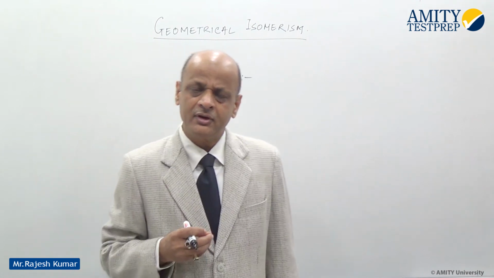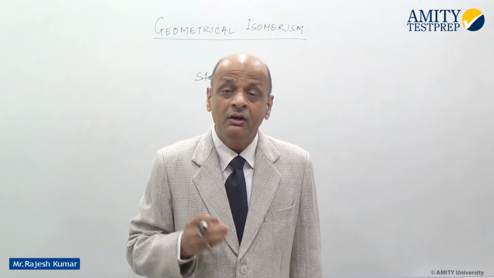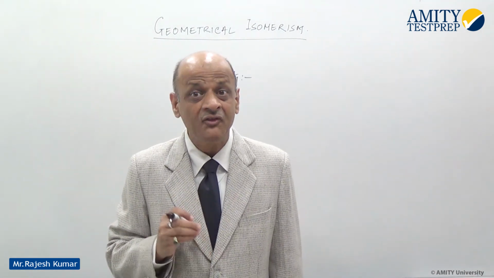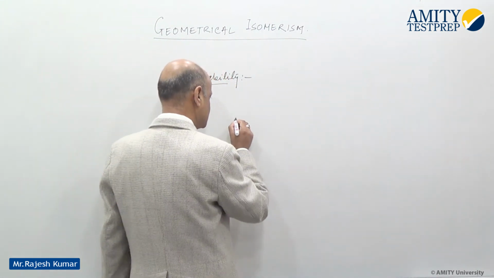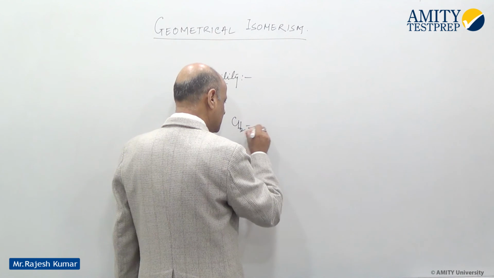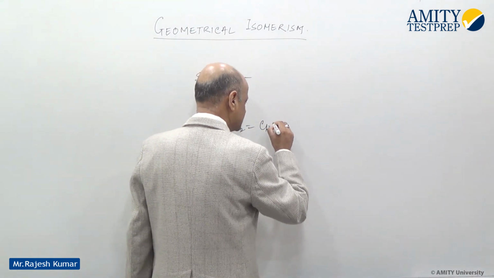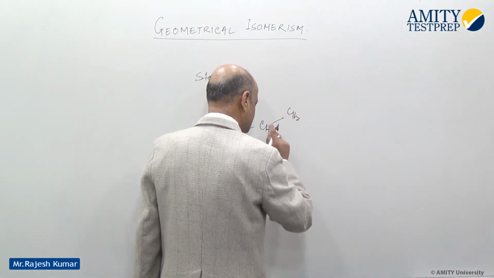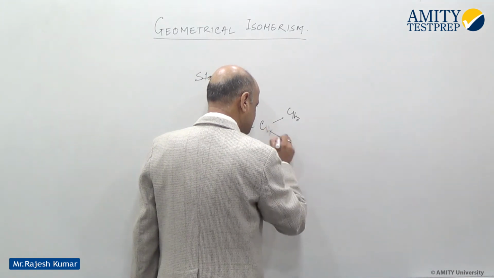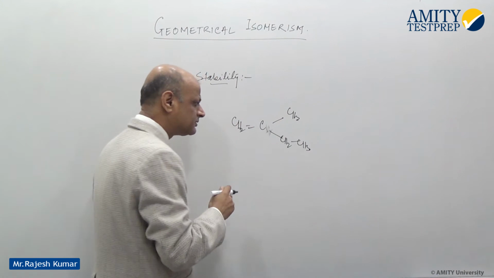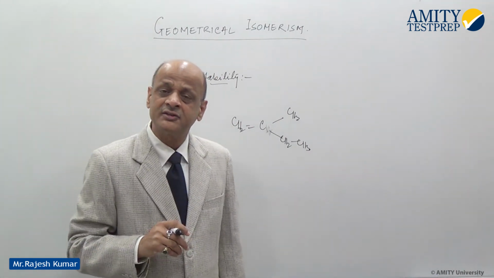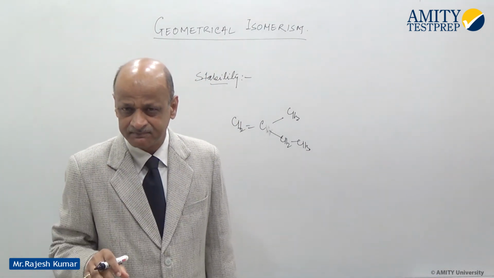In geometrical isomerism, terminal alkenes never exhibit geometrical isomerism. Like see here, CH2=CH-CH2-CH3. So this type of alkene never exhibits geometrical isomerism.